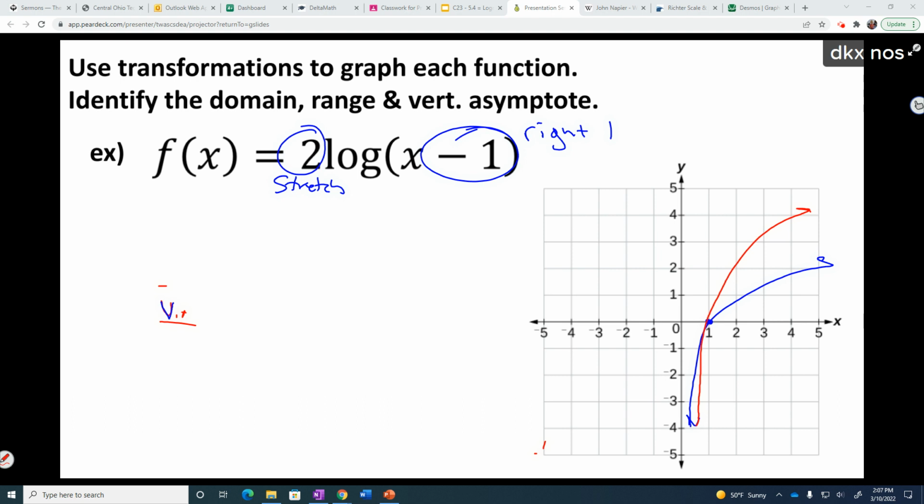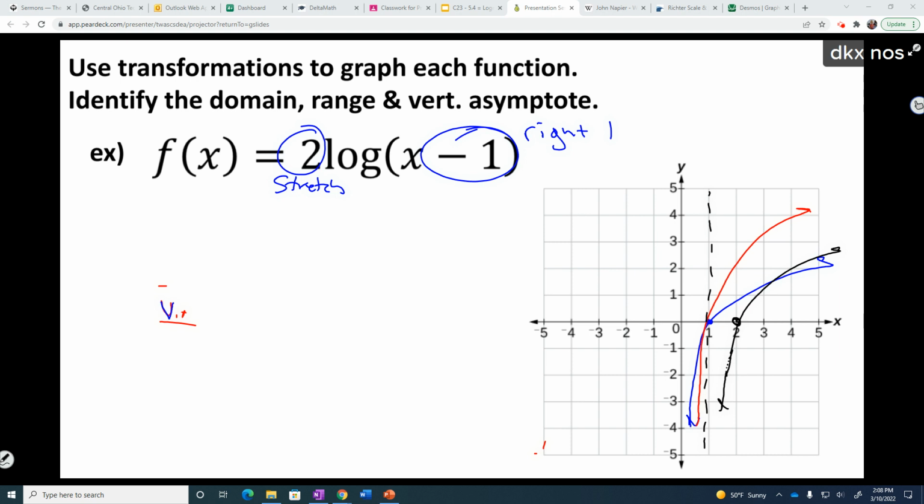And then we also have to go right one. Move right one. It just pulls it out, stretches it a bit.